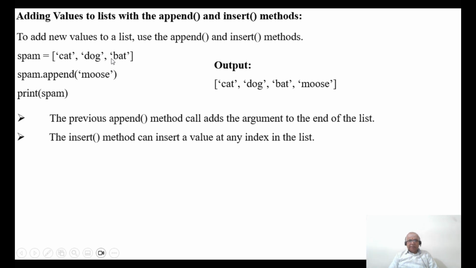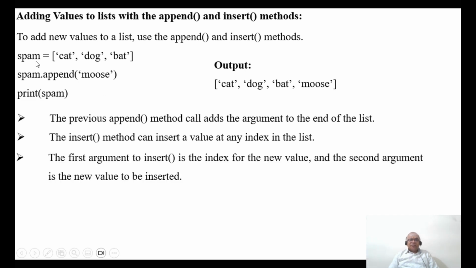I can add between dog and bat. I can insert at the end of the list also. Basically, the insert method always points towards an index in the list.